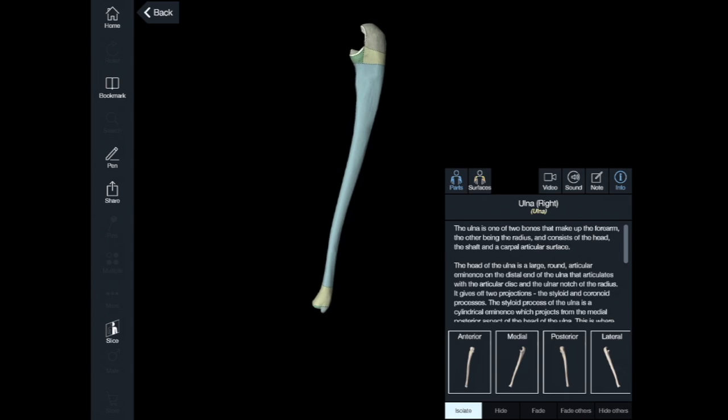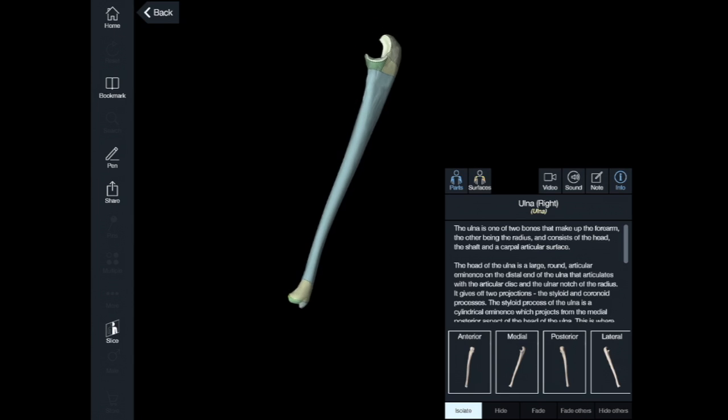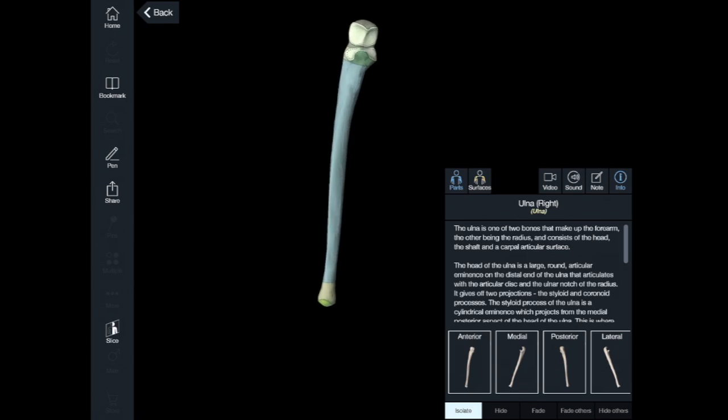This is the styloid process. It is smaller compared to the styloid process of the radius, which is lateral to the radius. However, the styloid process of the ulna is medial to the ulna. It is of course important in determining the right or left of the ulna bone. And this is pretty much everything about the parts and surfaces of the ulna.